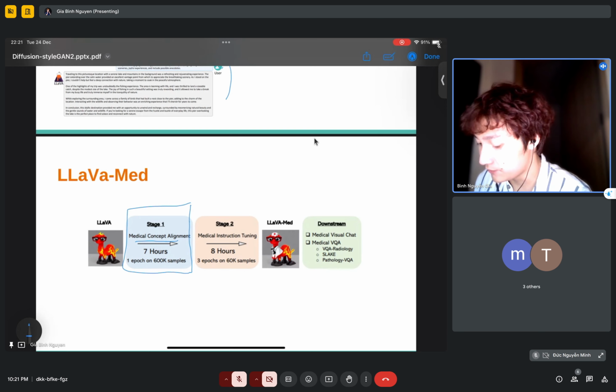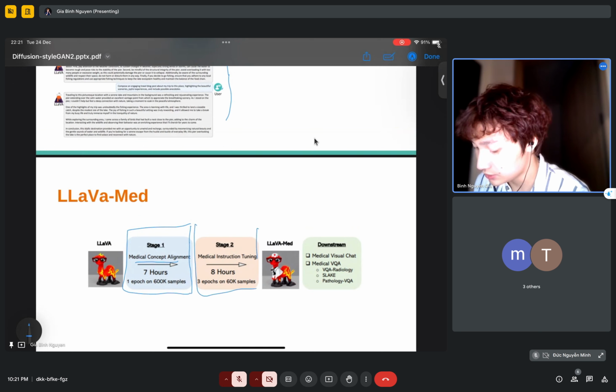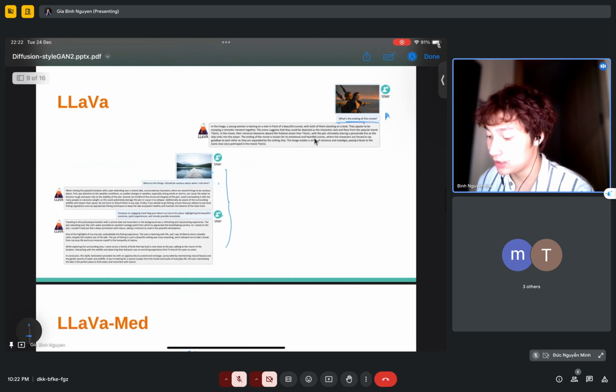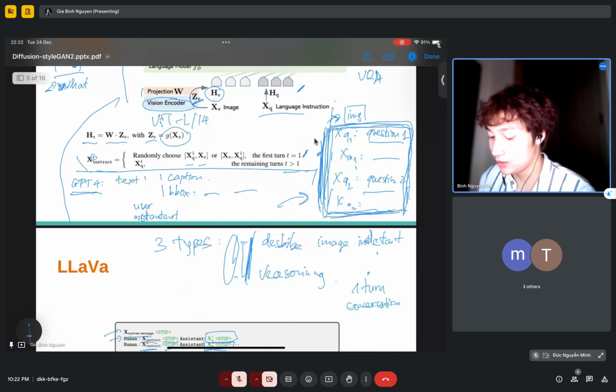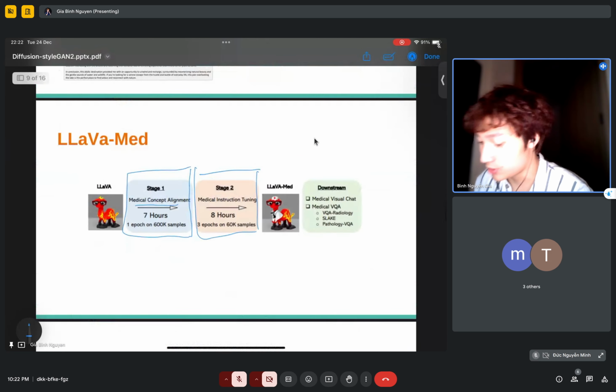The second step is fine-tuning on medical instruction tuning. It trains on medical instruction tuning tasks, similar to the task I described here, and I will go into detail later in this seminar.